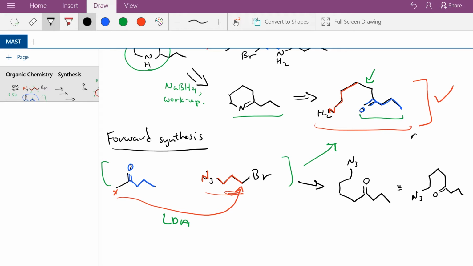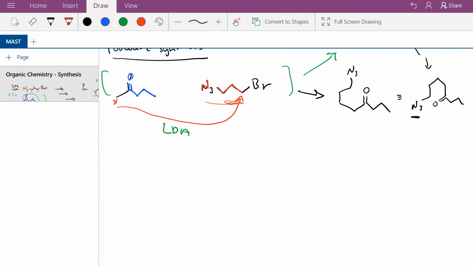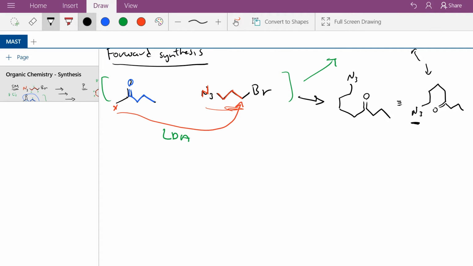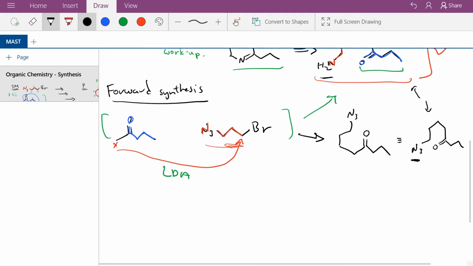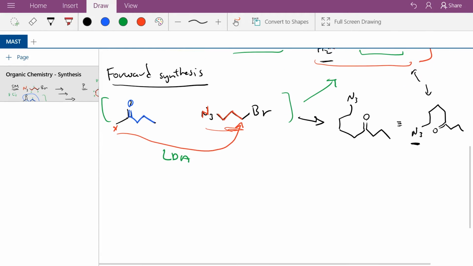Hopefully you can notice the similarities between this one and this one. The only difference right now is that we have an NH2 group here and an N3 group, and we'll take care of that. So now we're getting closer. The next step is to convert this azide N3 to the amine, the NH2 here. And there's a pretty easy way to do that. You can simply hydrogenate it.